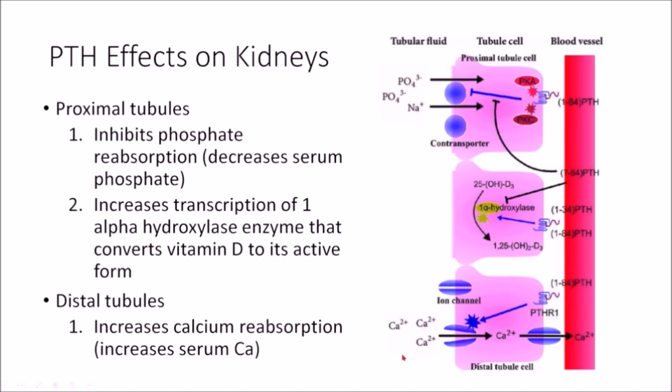Finally, the last way that PTH increases calcium in the kidneys is that it binds to the distal tubules and directly increases calcium reabsorption. Once again, you have some urine traveling through your kidneys. There's some extra calcium in it, and it activates a calcium channel to uptake it through the distal tubule cell and back into the blood to increase your serum calcium.